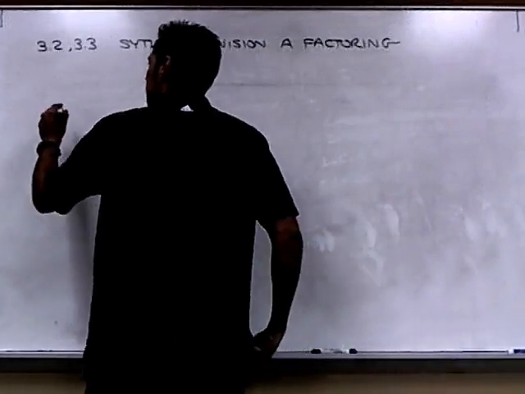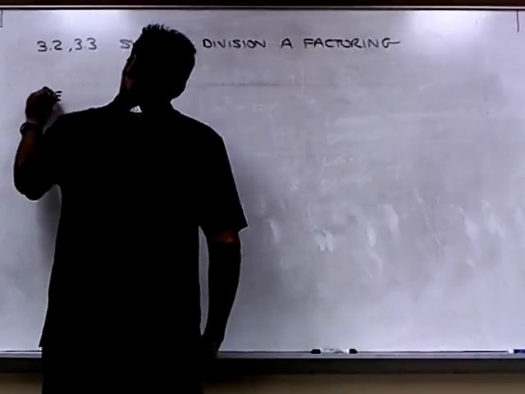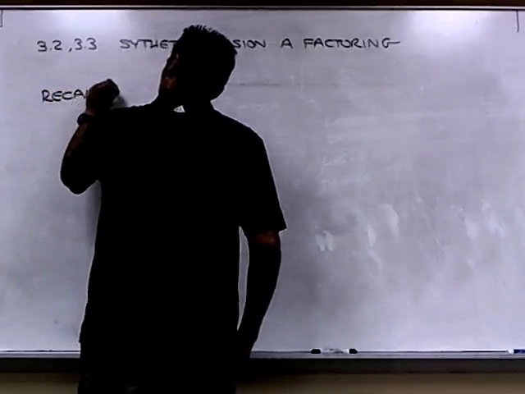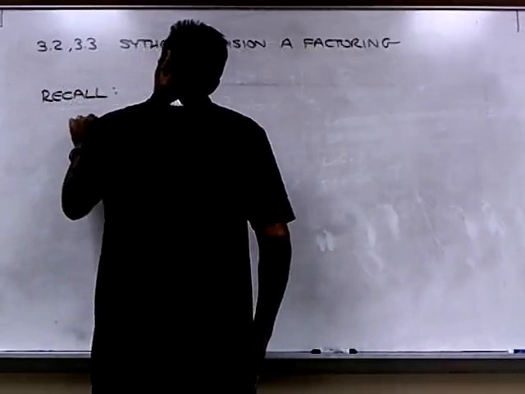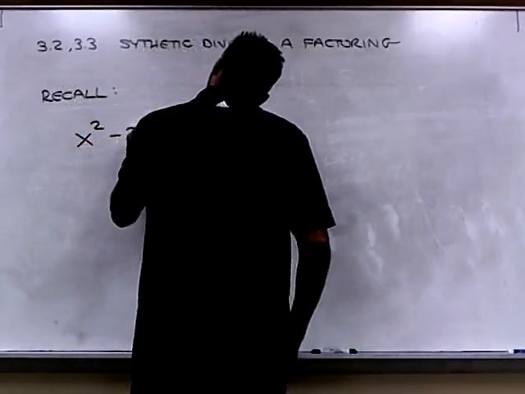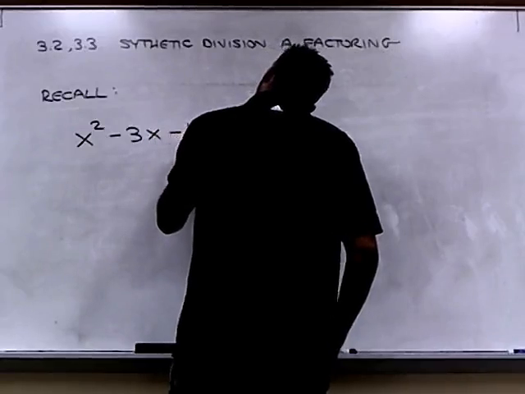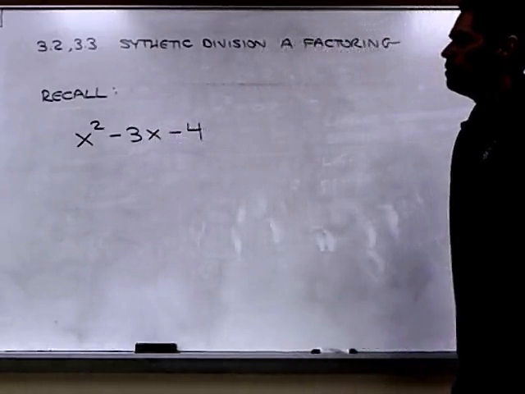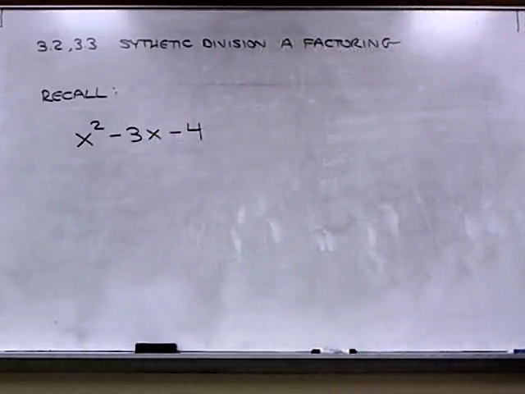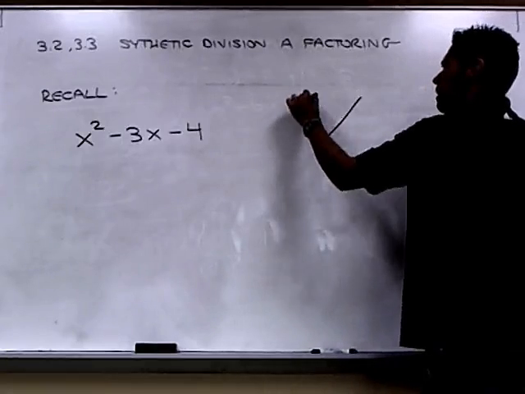We're going to start here. Recall. If I gave you that and asked you to factor it, this is kind of a rhetorical question, could you factor it? Hopefully the answer is yes.